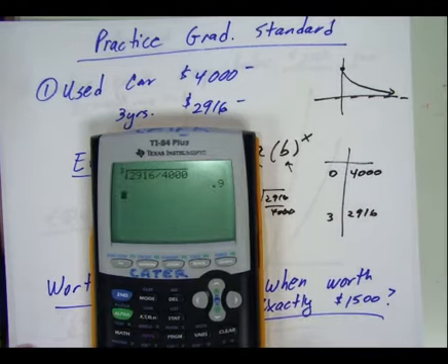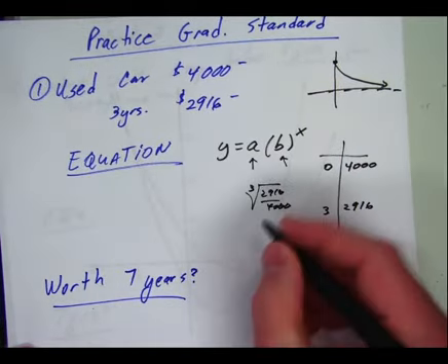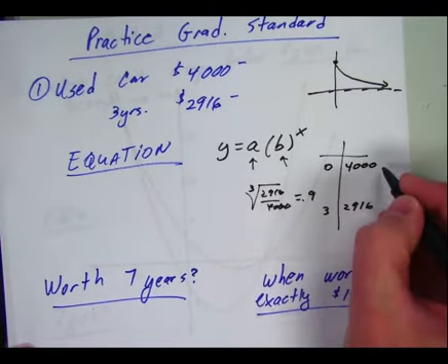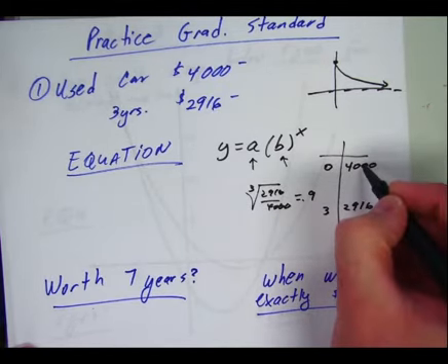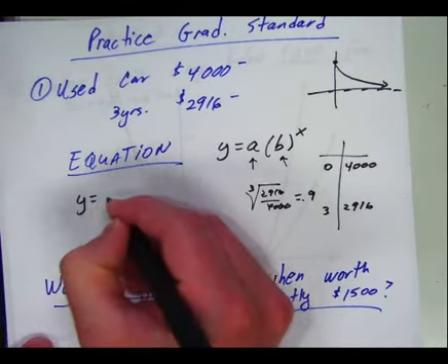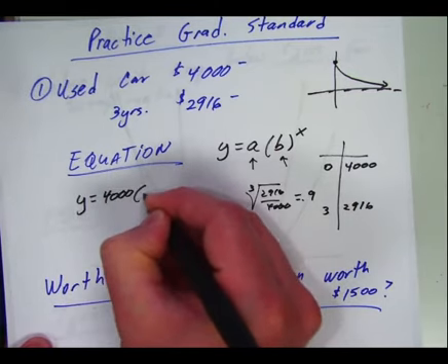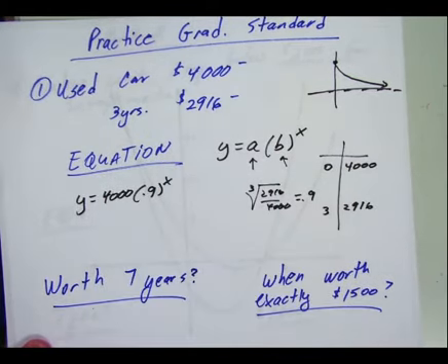I see that my multiplier is 0.9. So my b value is 0.9. That means that it's multiplying by 0.9 each time. My starting value is 4,000. So my equation would simply be starts at 4,000 and multiplies by 0.9 to the x.